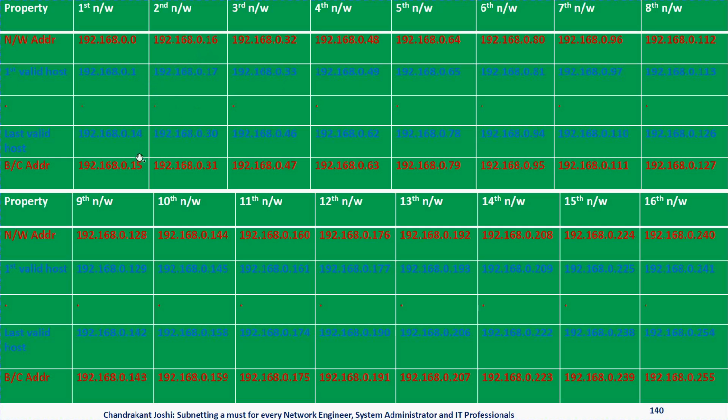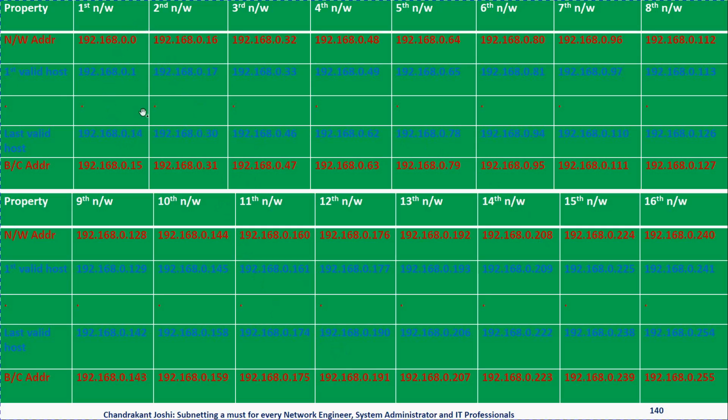Now this 16 minus 1 is 15. This becomes the broadcast address. So there are 16 subnet addresses and there are 16 broadcast addresses. So 16 plus 16 is 32. These 32 addresses cannot be assigned to a host. So what is happening is, as we increase the number of networks, or as we increase the borrowed bits, the overall IP addresses are wasted.